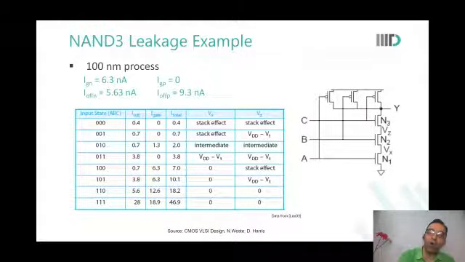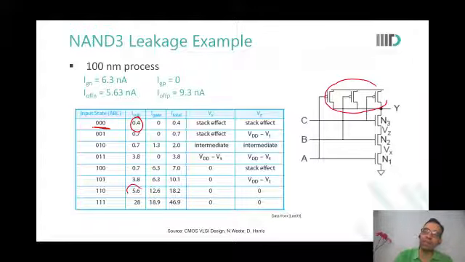For example, if all the inputs in the NMOS stack are 0, then the subthreshold leakage is 0.4. But let us say the inputs are 1, 1, 0, then the subthreshold leakage through the NMOS side is 5.6. When all of them are 1, then the PMOSs are leaking.